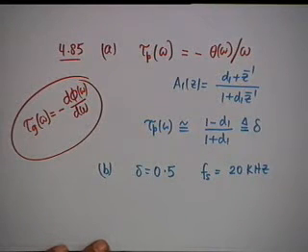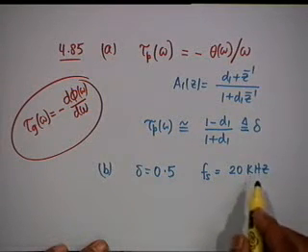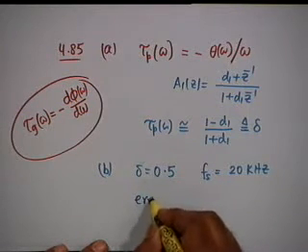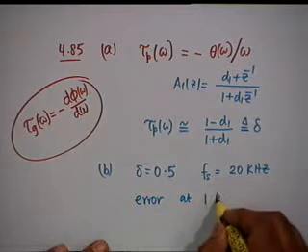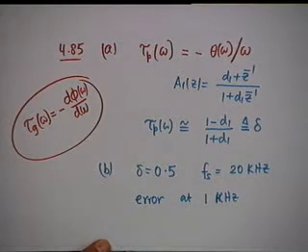You will see the relevance of this. Fs is 20 kilohertz, then determine the error in samples at 1 kilohertz in the phase delay from its design value of 0.5 samples.